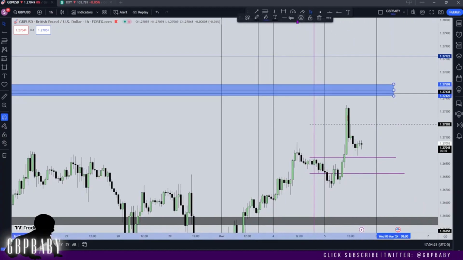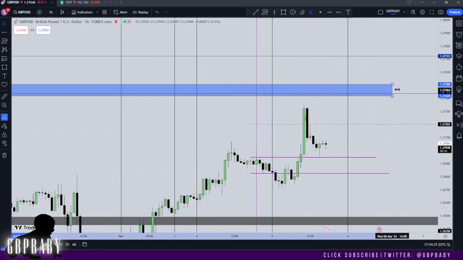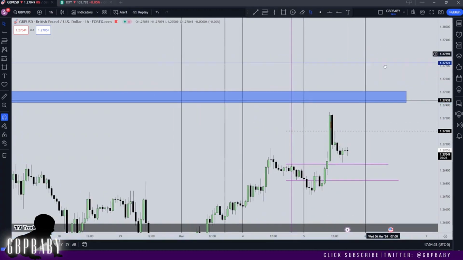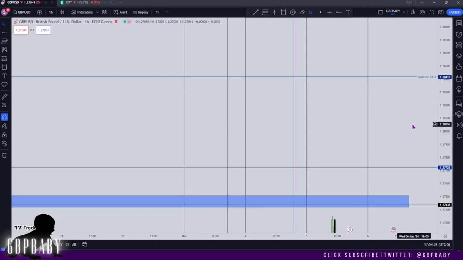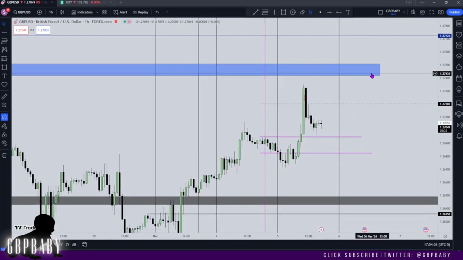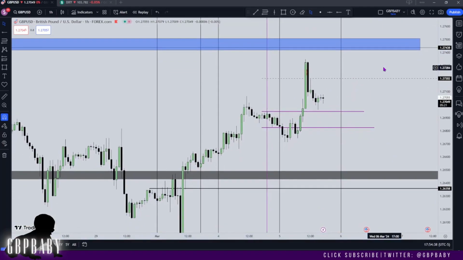I'm going to make it blue, and I'm going to take out the midpoint. We can watch how price trades into that in the new day, assuming it does, and anticipate some kind of reversal. If it trades through it, so be it, and we can start looking for these highs with a potential reach up to the monthly relative equal highs. But preferably, I'd like to think that once you reach this level, we'll see some kind of reversal behavior.